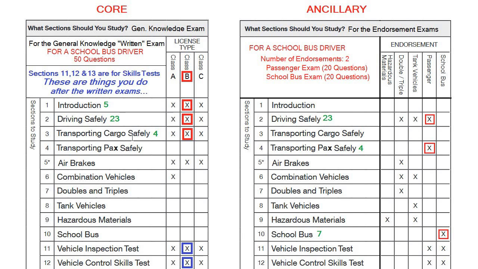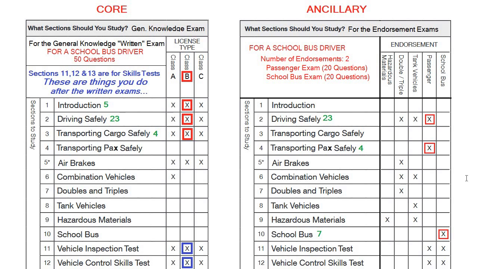So if the examiner is satisfied that you know what you're talking about, he'll just say stop, and then you'll go on to the next part, which will be the basic vehicle control skills test, which I believe is 3 tests. Shows how you demonstrate that you know how to park and back up and those types of things.